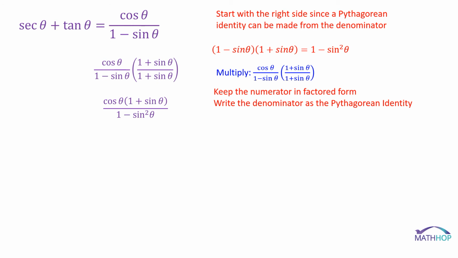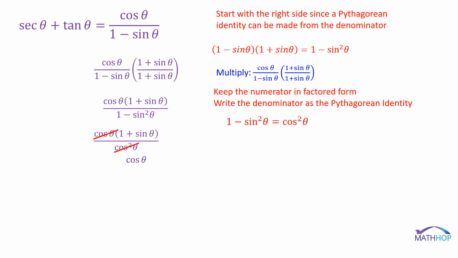Got to remember those Pythagorean identities. So that's what we're going to put in the denominator. Now I have cosine times 1 plus sine over cosine squared, and I can simply divide out a cosine of theta. So cosine of theta divides into cosine squared of theta, leaving me a cosine in the denominator.